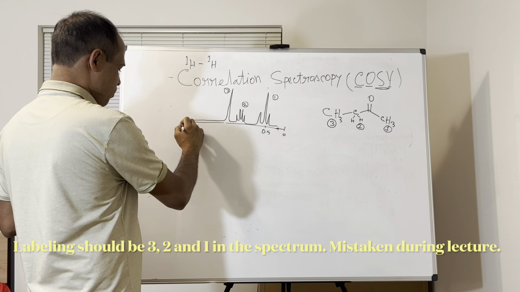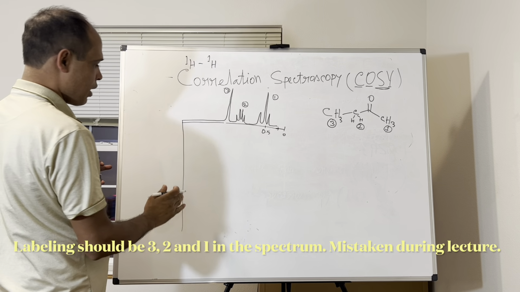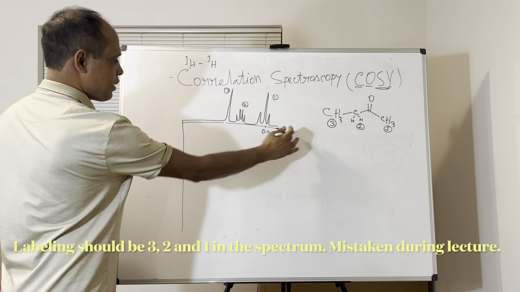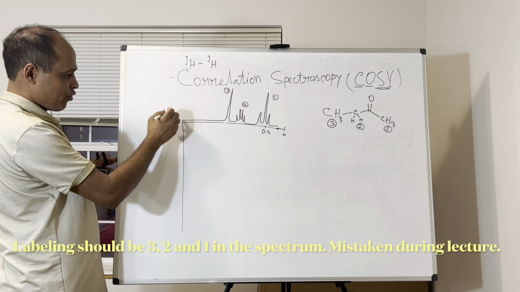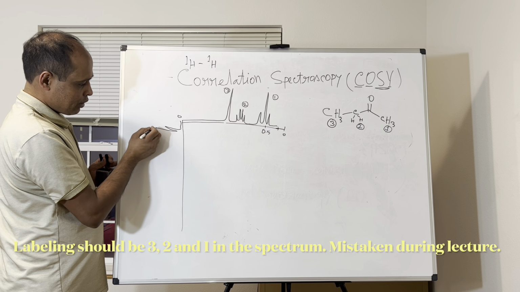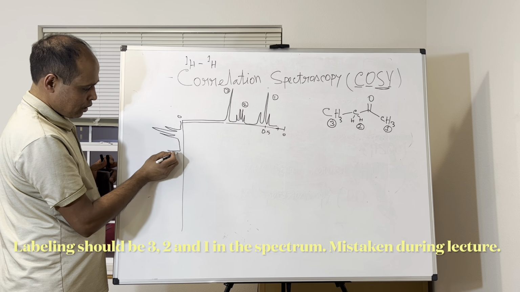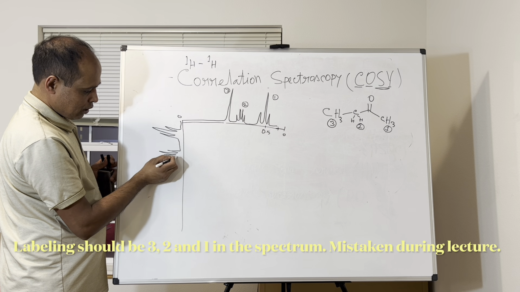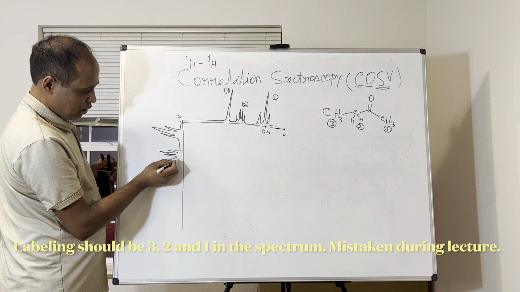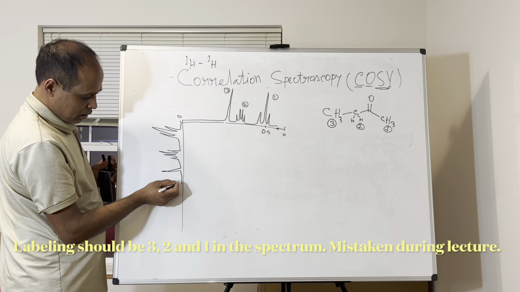but plotted on one axis and another axis. Same as before, it is 0, and also it will be from 0 here. So you can say it is a triplet, then that quartet, and then a singlet.